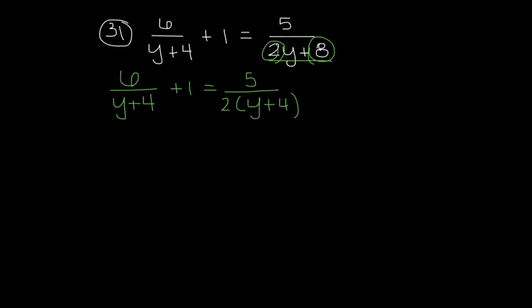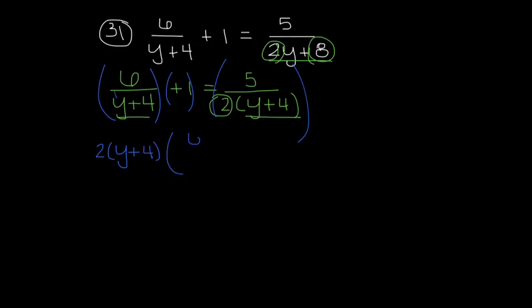Now it's a little bit easier to see that my common denominator needs one copy of this y plus 4, and it also needs a copy of 2. So my common denominator for all of these fractions plus this term 1 is going to be 2 times the quantity y plus 4. So everything gets multiplied by 2 times the quantity y plus 4.